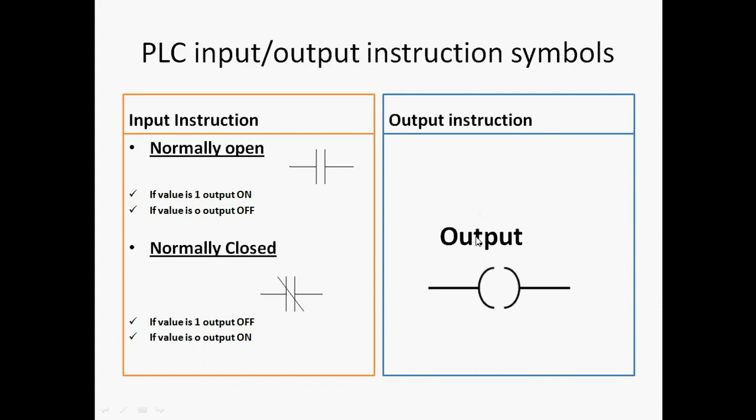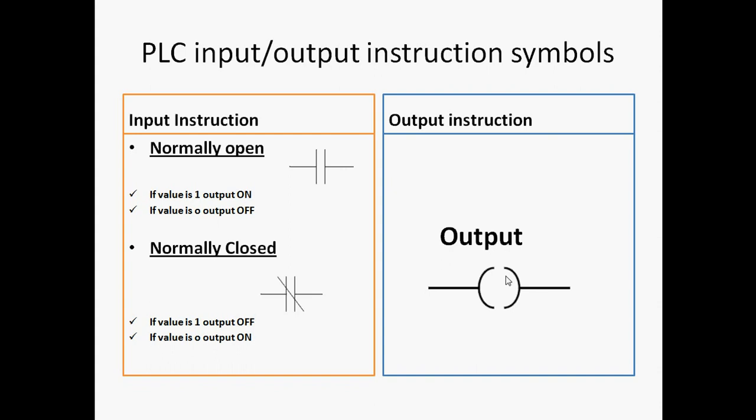Now this is about the output instruction. The output is indicated by this symbol. The output can be coils, or different coils. Then we have different outputs like a siren, lamps, and an indicating lamp. An output can be any one of these from a certain point of view.